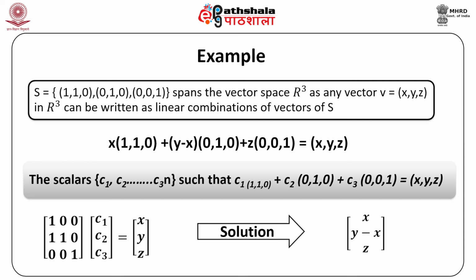Since the coefficient matrix of the system has non-zero determinant, the system must possess a unique solution. Using elementary row operations, it can be checked that the solution of the system is given by (x, y − x, z). Note that for the spanning set phi, the vector space is 0.